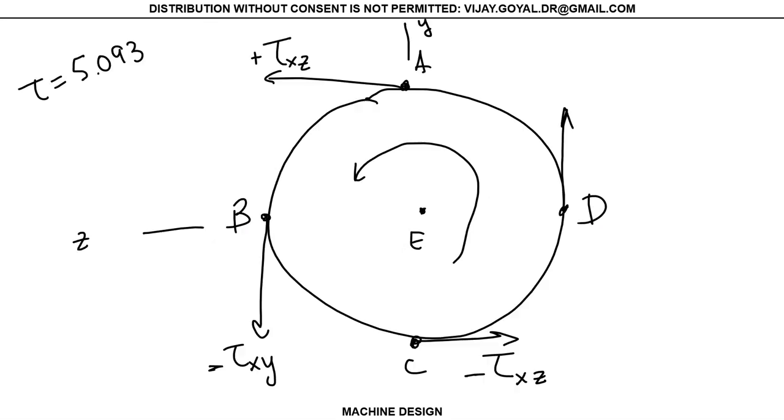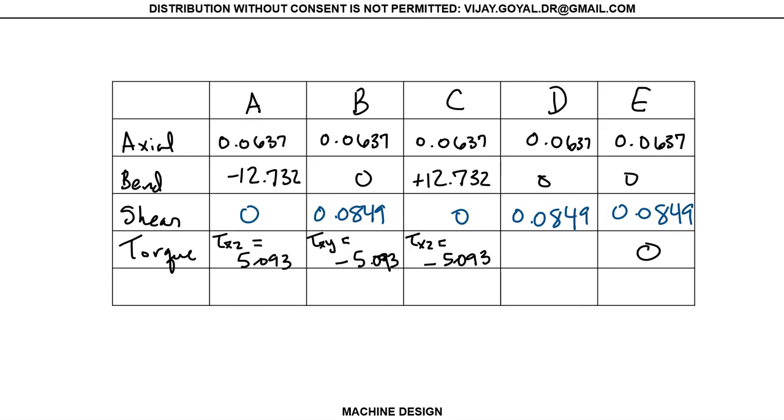And D then is acting in the x plane, but in the y direction, and is positive. So then we fill the table. This is tau xy, and this is positive 5.093. This is what your state of stress looks like.